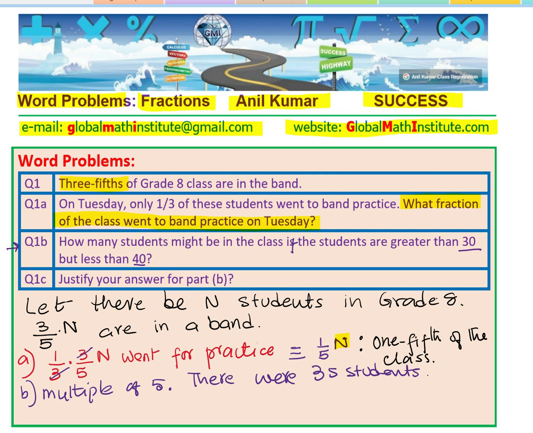Part C is: justify your answer of part B. So how do you say 35 is the right answer? So let's try to justify it now. Justification is simple, and that is we can always write 35. What is 3/5 of 35? We can write that. So if I write 3/5 of 35, I know that it is 21 students.